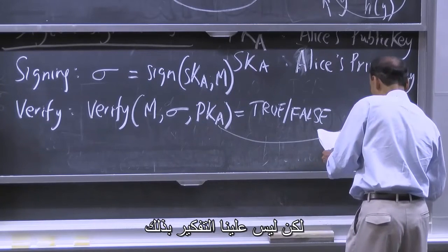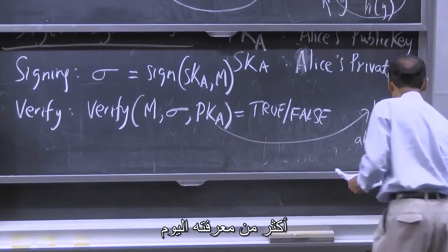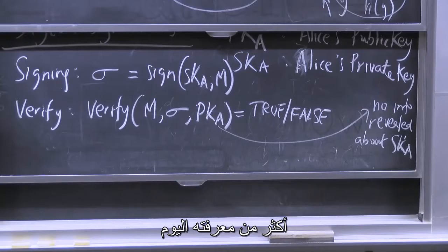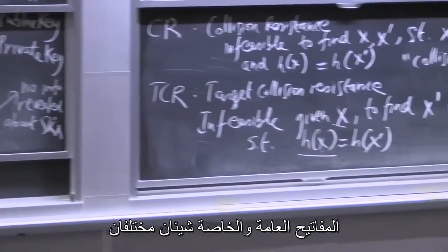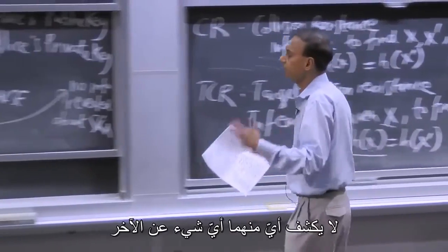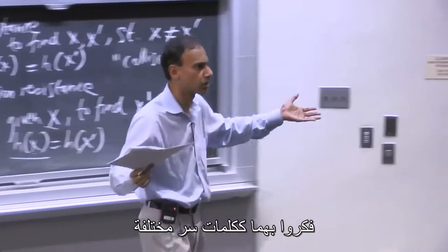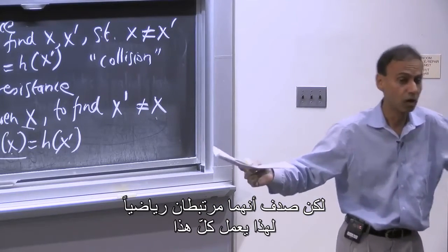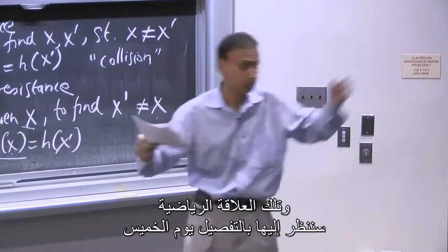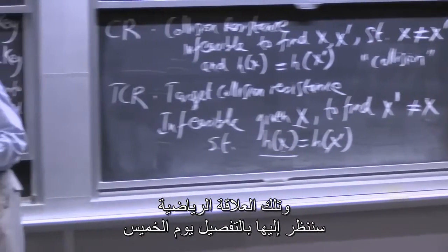But we don't need to think about that other than acknowledging it today. So the public key and the private key are two distinct things, neither one of which reveals anything about the other. Think of them as completely distinct passwords, but they happen to be mathematically related. That's why this whole thing works. And that mathematical relationship we'll look at in some detail on Thursday.